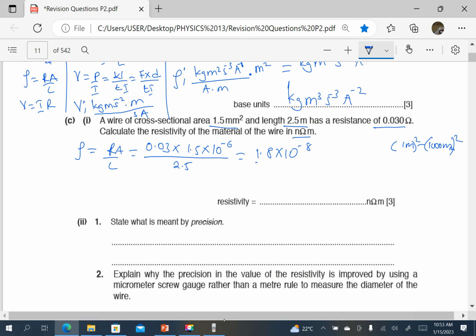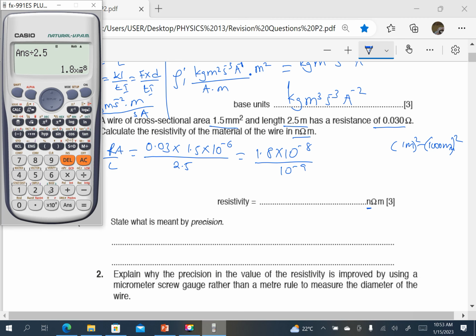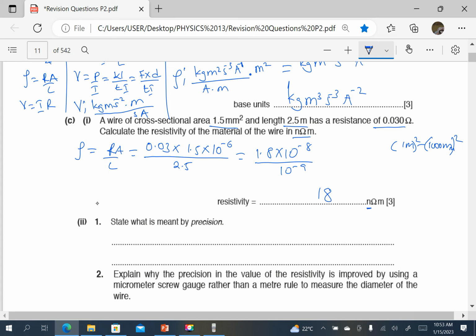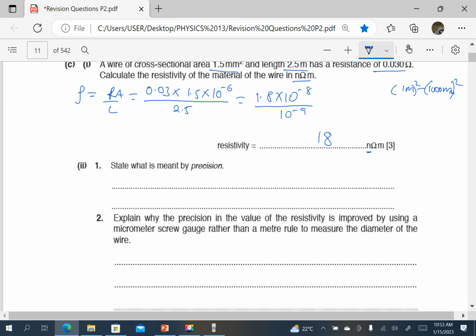So we divide this by 10 to the power negative 9 to bring in the nano. When you divide by 10 to the power negative 9, that is 18. So resistivity is 18 nano ohm meters.